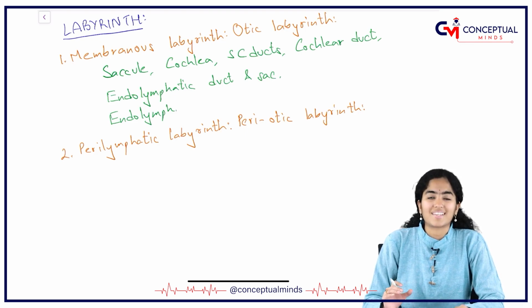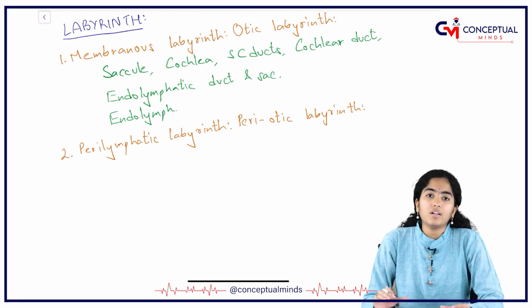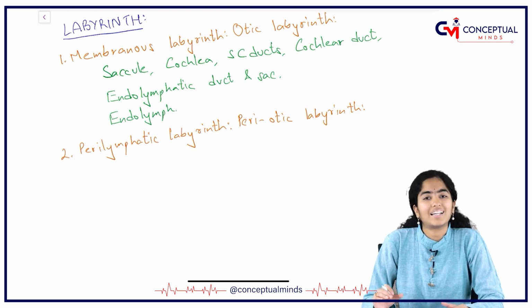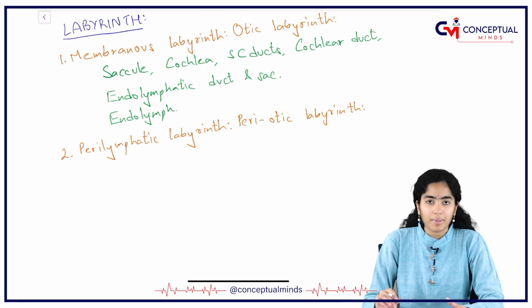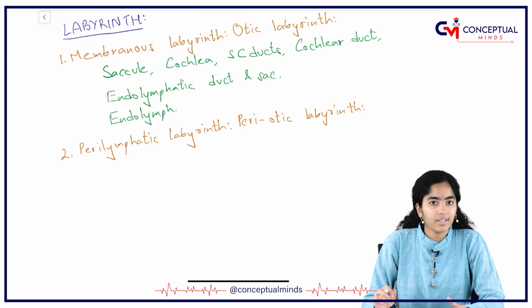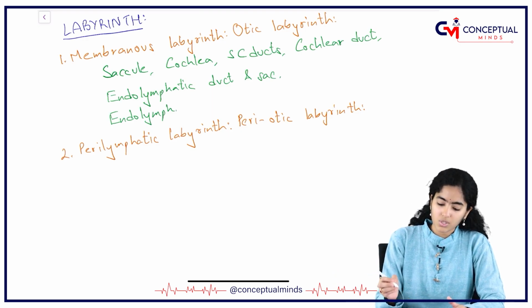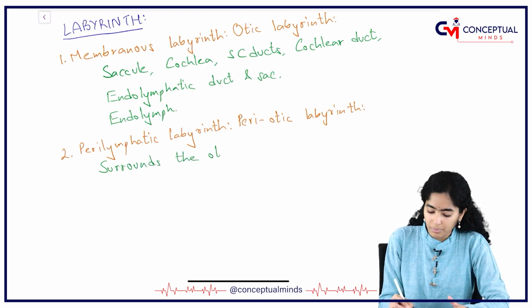It includes the vestibule, scala tympani, scala vestibuli, the perilymphatic space of the semicircular canals and the periotic duct. The periotic duct is the part surrounding the endolymphatic duct. Remember, in all these places, the perilymph is flowing. That is our perilymphatic labyrinth. In simple words, it surrounds the otic labyrinth.